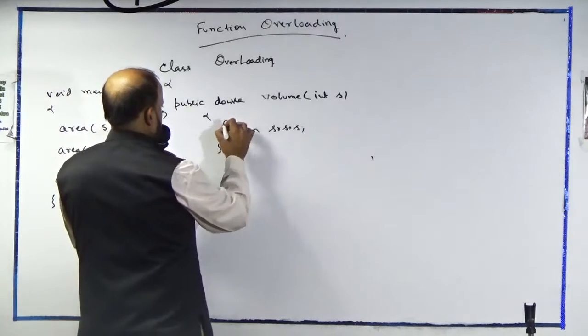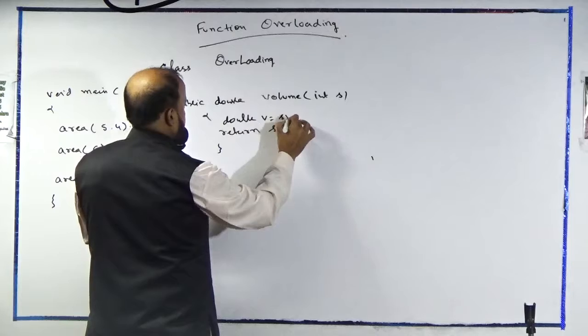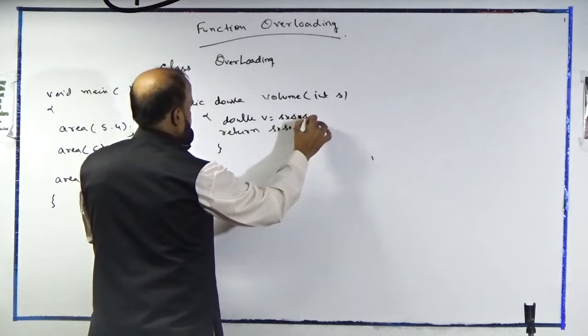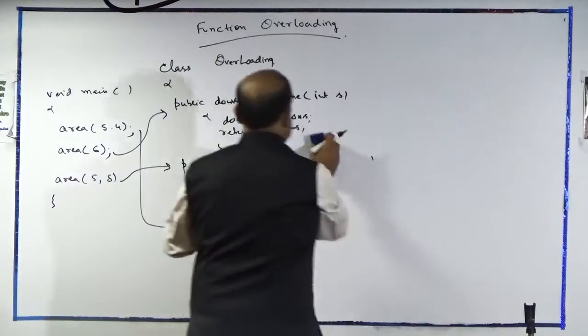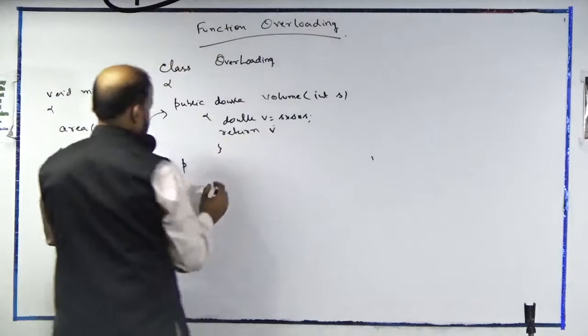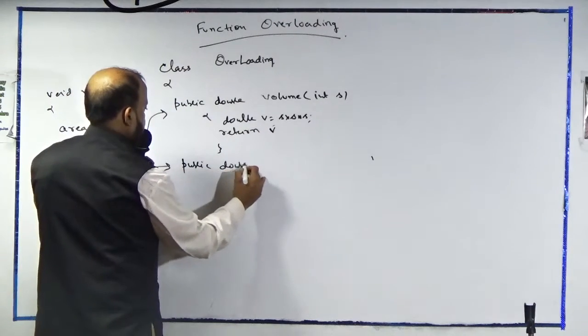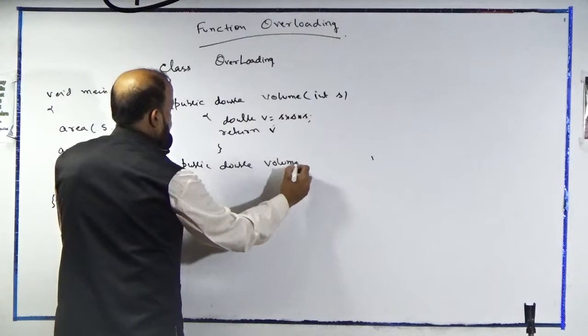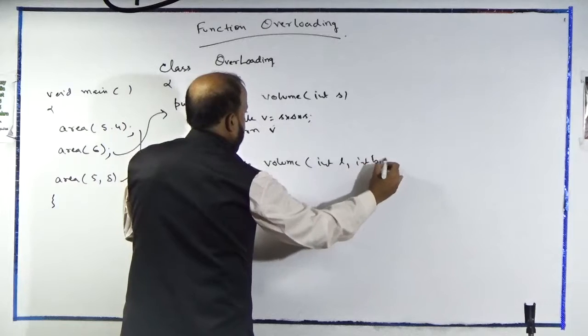Or better, you write here double V equals side into side into side, and then return V. Again, same way, public double volume for cuboid, you have int length, int breadth, int height.